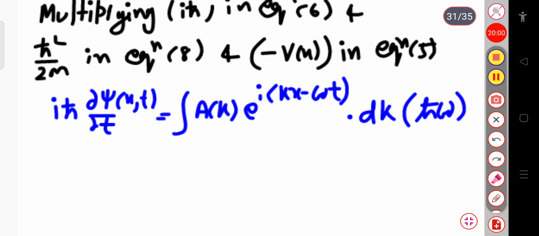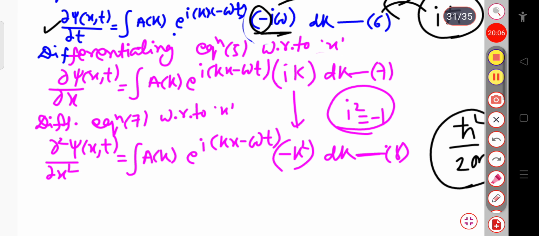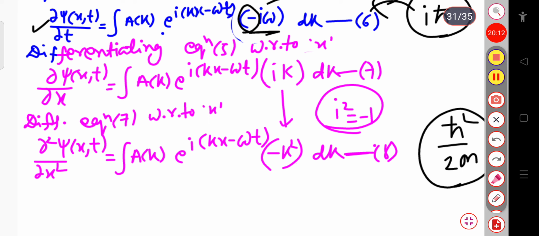And again, when you multiply ħ² by 2m in equation 8, this will be ħ²/2m ∂²/∂x² equal to the integration over a(k) exp(i(kx − ωt)) times minus ħ²k²/2m dk.